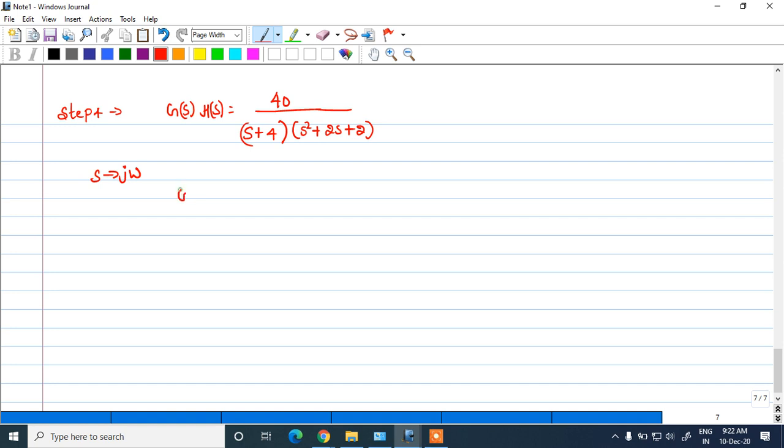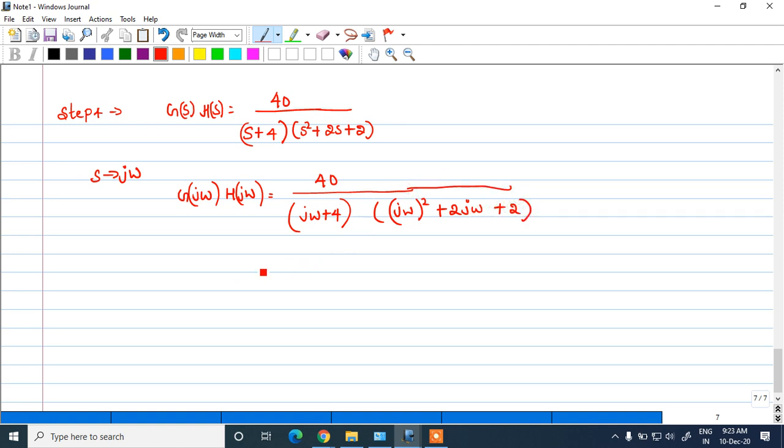So that will be G(j omega)H(j omega), equal to 40 by (j omega plus 4) and (j omega whole square plus 2 j omega plus 2).